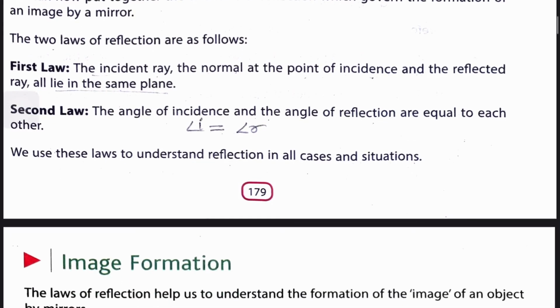Second law, the angle of incidence and the angle of reflection are equal to each other. So, we use these laws to understand reflection in all cases and situations.